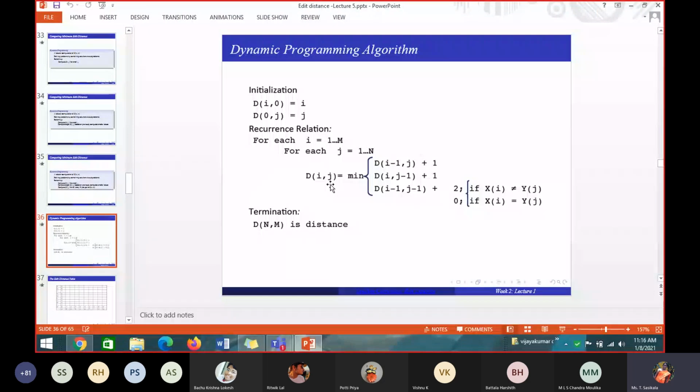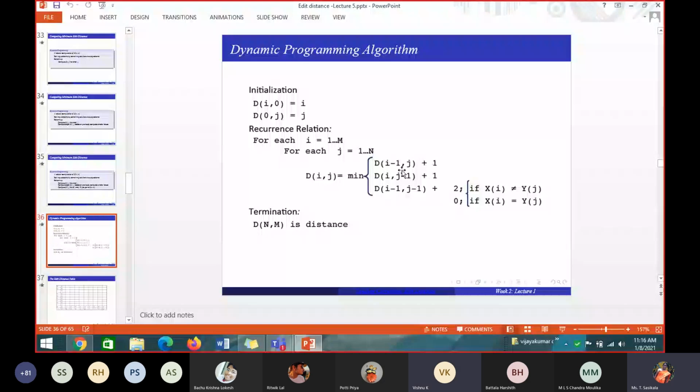So each box in the matrix, how it is calculated, is the minimum of these three distances. What is the first distance? D of i minus 1, j. If i is 1, taking 1,1, then D of i minus 1 will be D of 0, j.